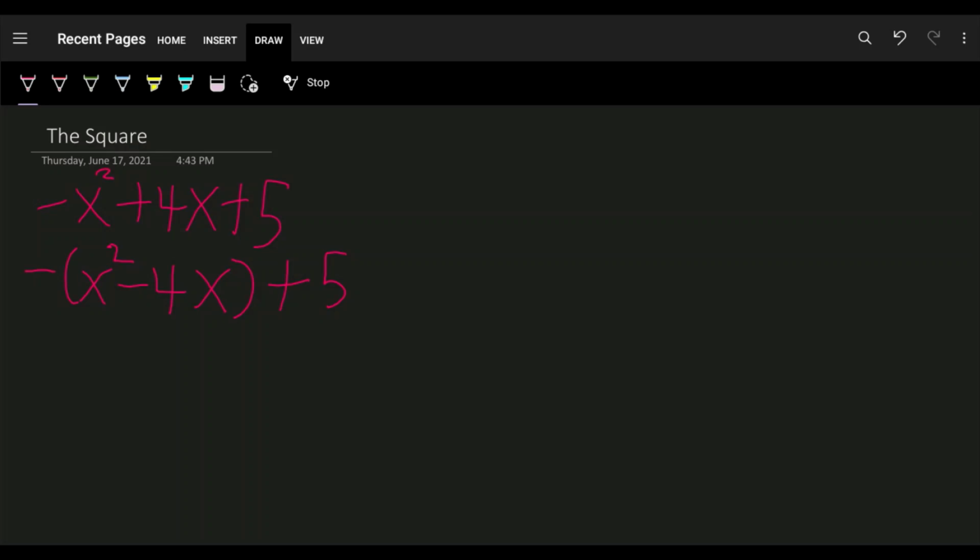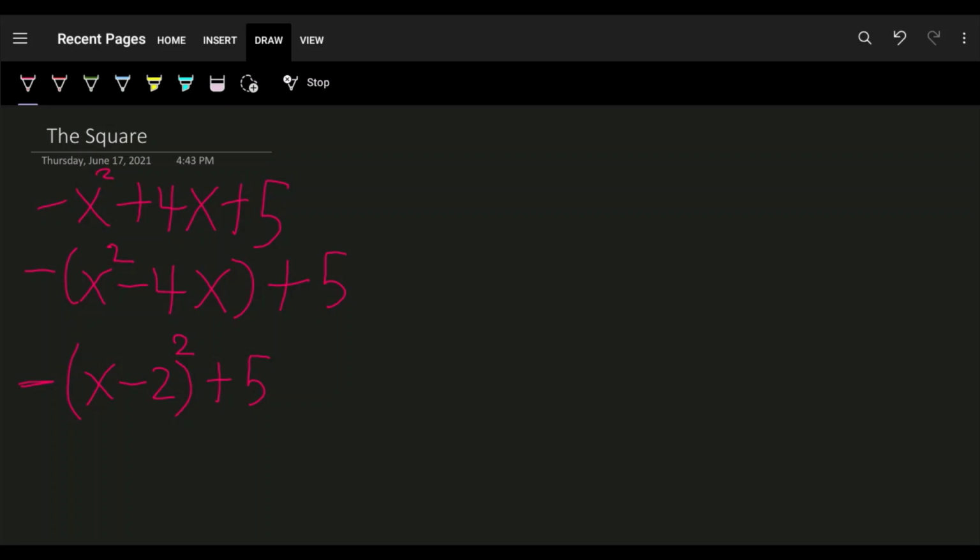So we have to divide the 4 term by 2. Then we produce it back into the vertex form. Now we have to look at what negative 2 squared is. So negative 2 squared is positive 4.